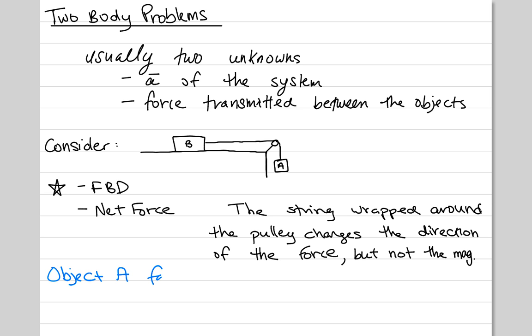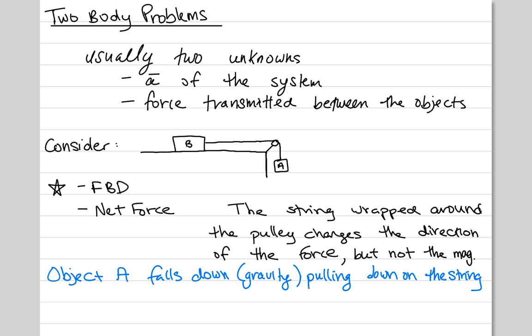Object A falls down because of gravity, pulling down on the string. So the tension in the string is created from the downward force of gravity. It's pulling down on the string, and the string will tighten up and it'll fall down, obviously.